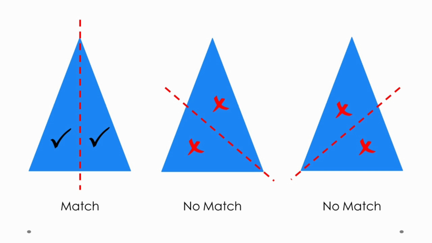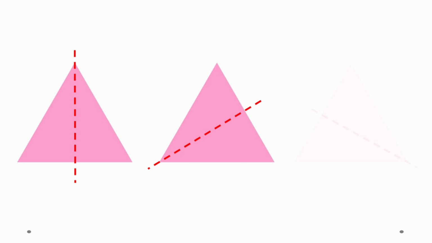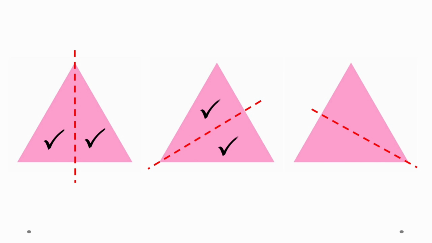While on the other hand, if we take up an equilateral triangle, we will see that it has more than one line of symmetry. We can divide it in three different ways, and each time we will get the parts that match each other.